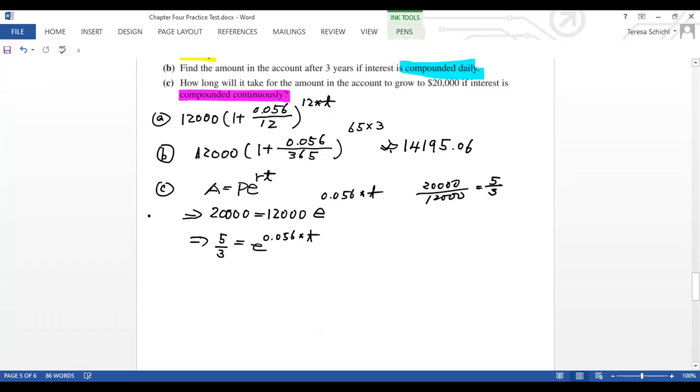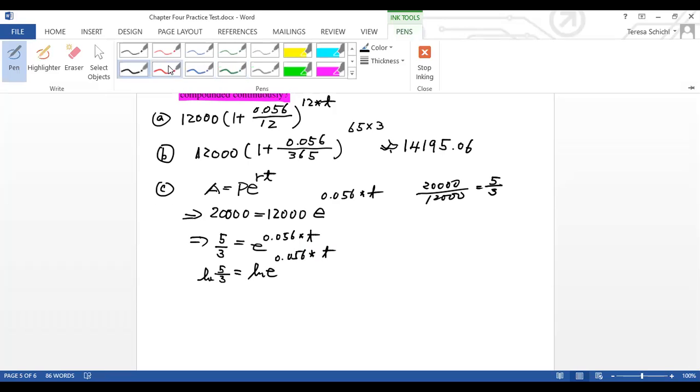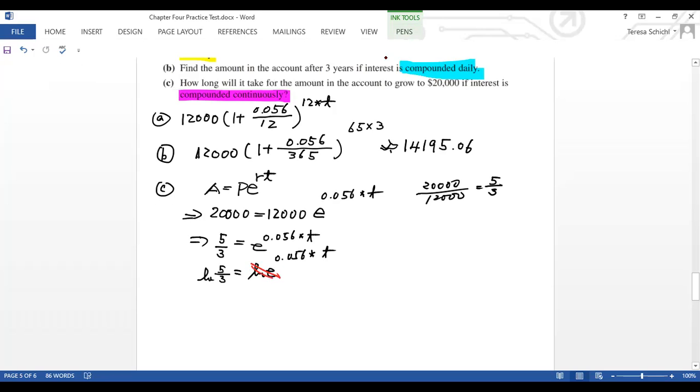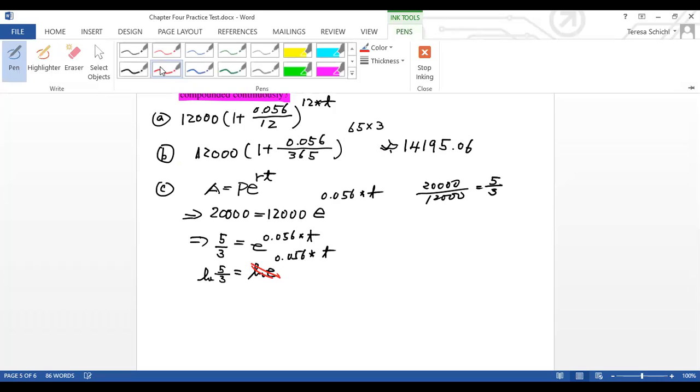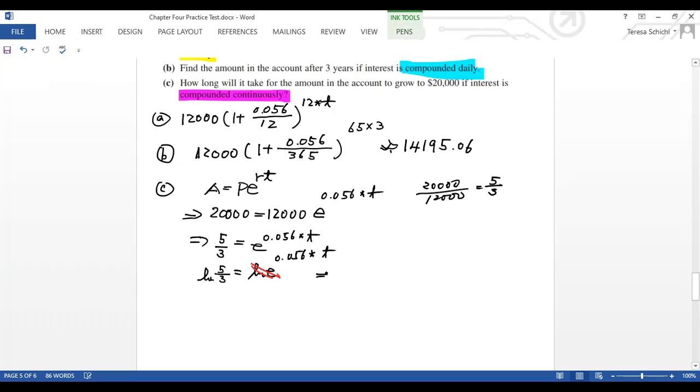Take the natural logs, right? So we'll say natural log of 5/3 is equal to natural log of e to the 0.056 times T. And these ones here, they cancel. So that's pretty cool, that's what the natural log function does. And then we have natural log of 5/3 equal to 0.056 times T. And then you divide by 0.056.